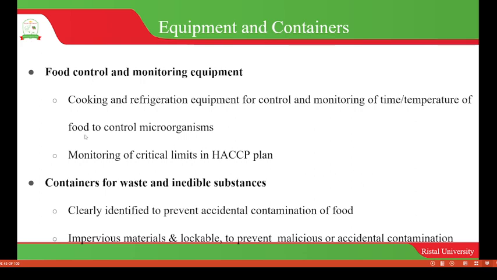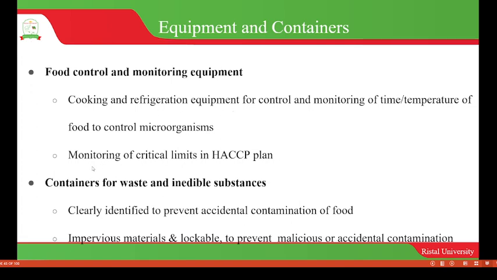Then there has to be monitoring of critical limits, like the ones in the hazard analysis and critical control point plan, so that we ensure that the food products are always safe for consumption.